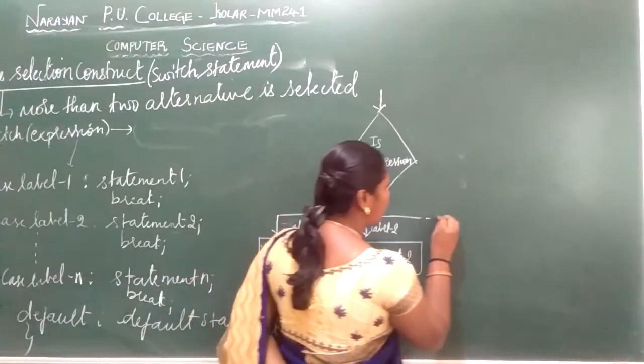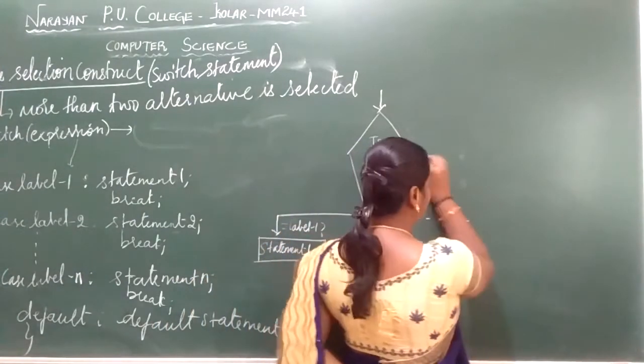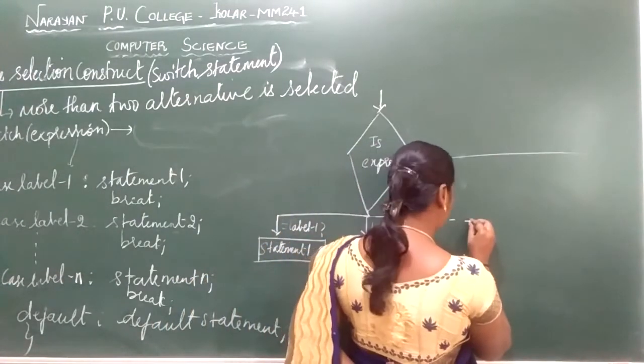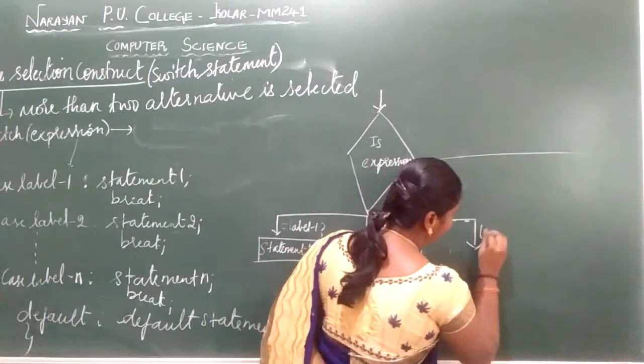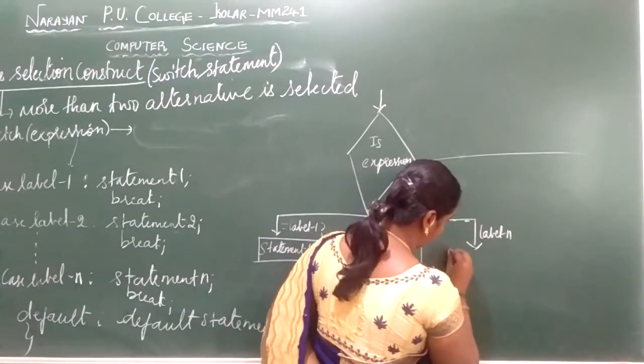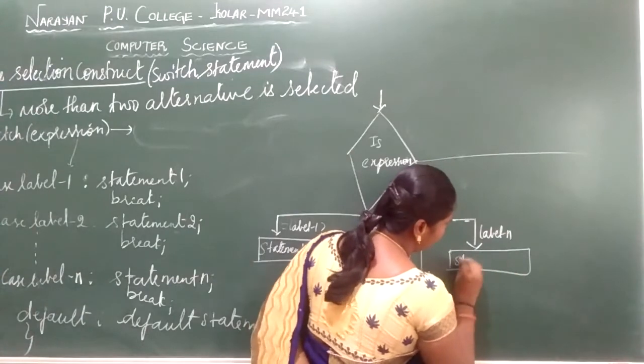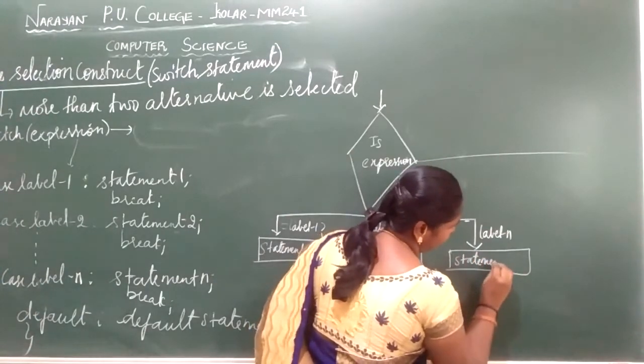Okay. So on, up to label n, you are going to check the condition, and you are going to execute statement n.